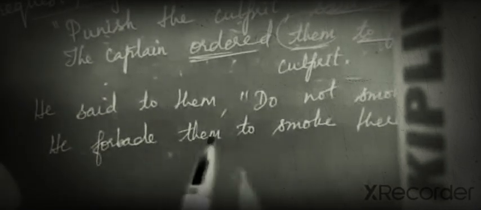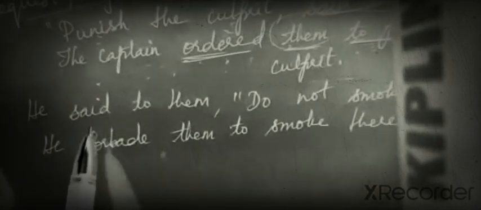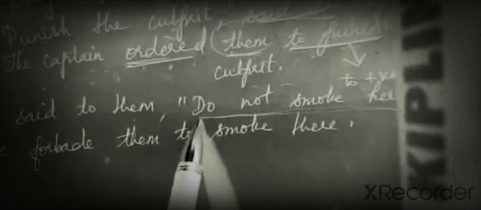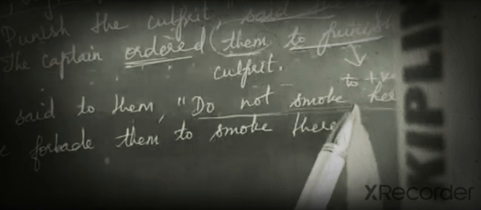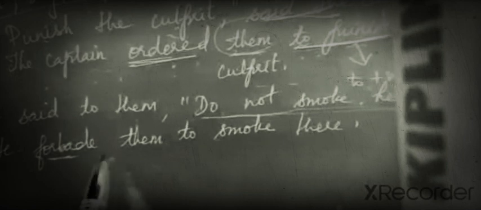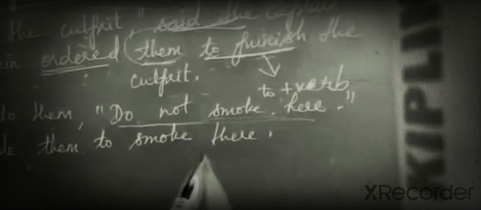See how it is changing. In indirect speech, he said to them changes to he forbade them, according to the command used. The command is do not smoke here, which is why we use the word forbade. He forbade them to smoke there.